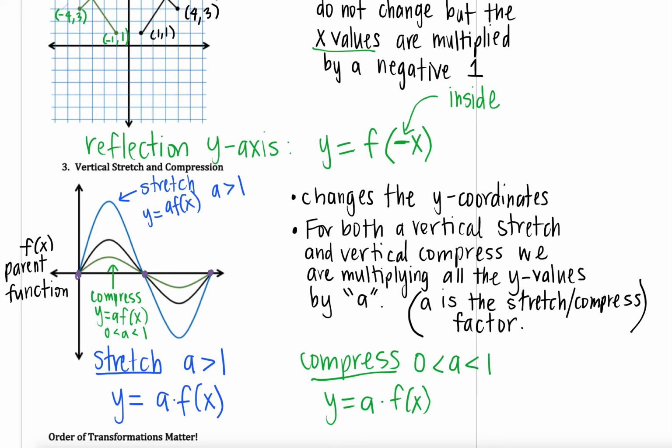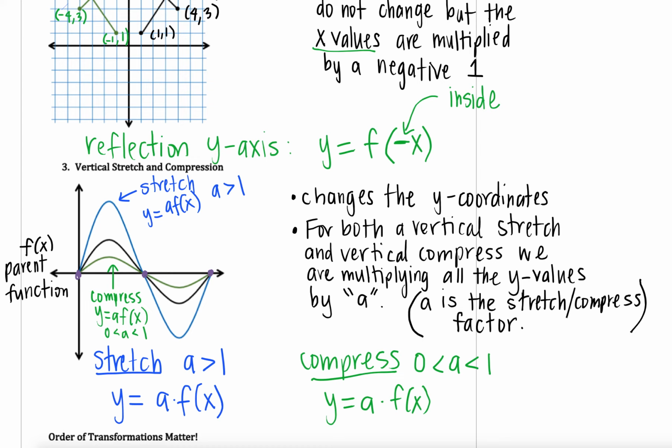Now the reason we have this restriction about a being greater than 0 for a vertical compress is that if a was negative, we would actually have another transformation. So if a was a negative number here, not only could we have a stretch or compress, but we also have another transformation. What other transformation would be happening if that a value is negative? Well, if that a value is negative, we have a reflection over the x-axis.